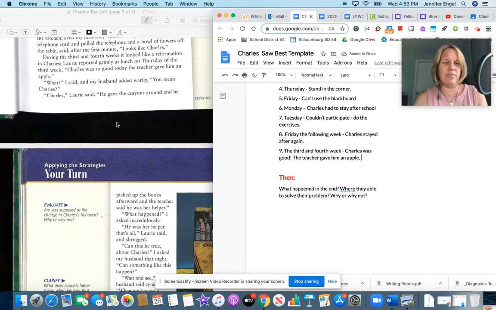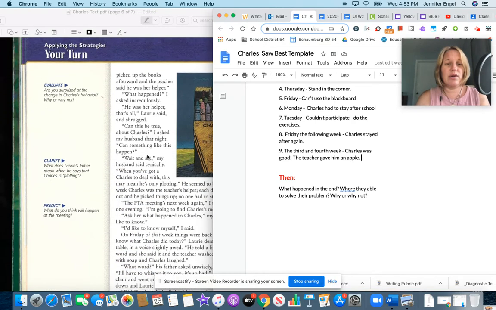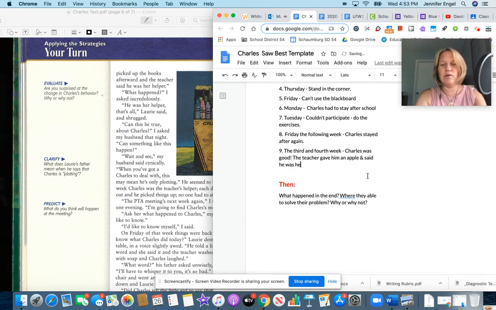Okay. What? I said, and my husband added wearily, "You mean Charles?" "Charles," Lori said. "He gave the crayons around and he picked up the books afterward, and the teacher said that he was her helper." Okay, so gave him an apple and said he was her helper.